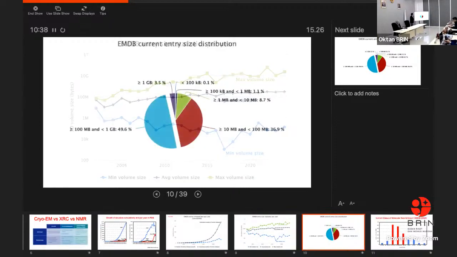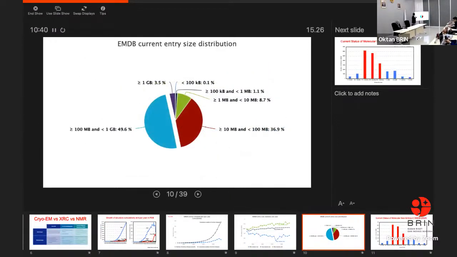Okay, continue. So this is the distribution of the data entries in EMDB. Mostly from 100 megabytes until 1 gigabyte, and also from 10 megabytes until 100 megabytes.